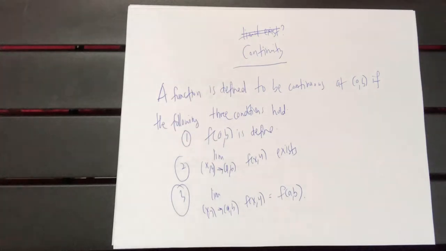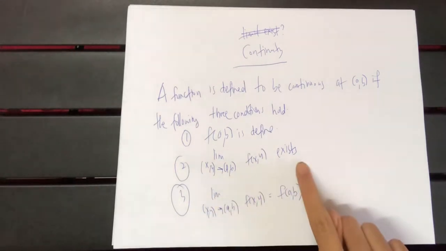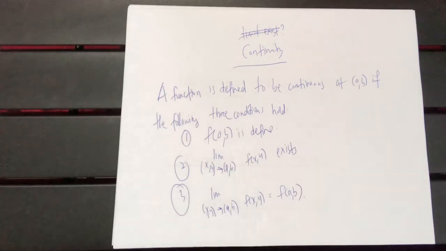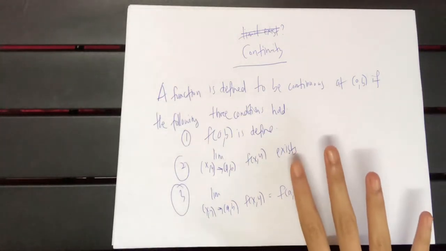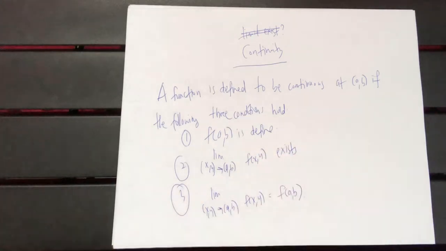And condition number 2 is that the limit as (x, y) approaches (a, b) exists. This is what we have done before in the previous video, the existence of the limit. So you need to understand the existence first, then you can do continuity.